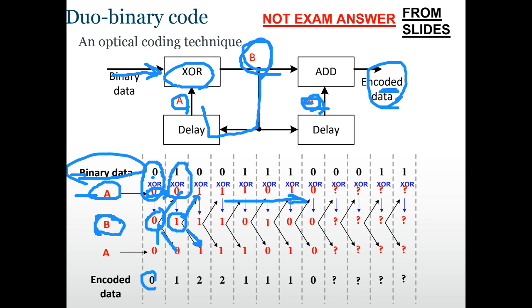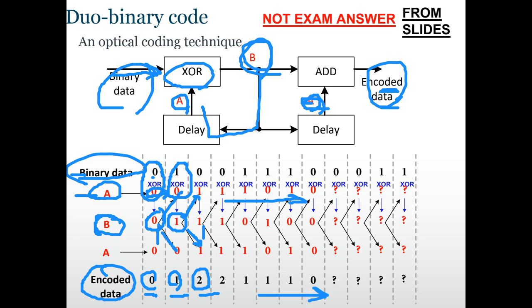And then 1, 1, output is 2. So be careful here. The binary input will have 0, 1, 0, 1 binary bits. And then the encoded data, after encoding, will have 0, 1, or 2. Okay, and then you work out the rest.